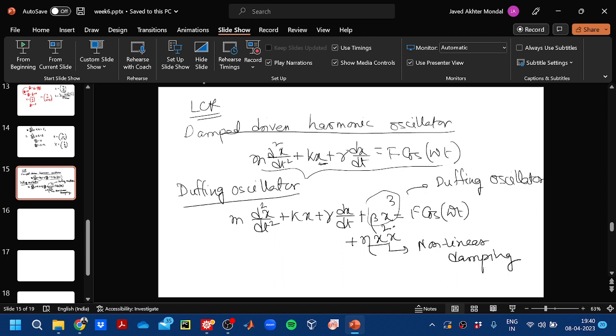For all these kinds of equations, what you have to do is divide the equation into first order equations.